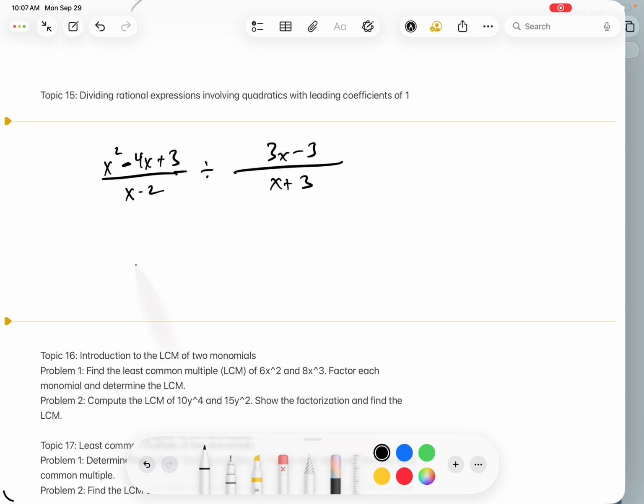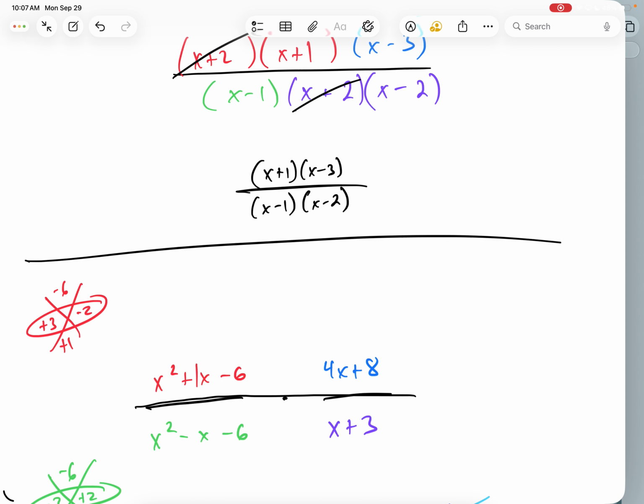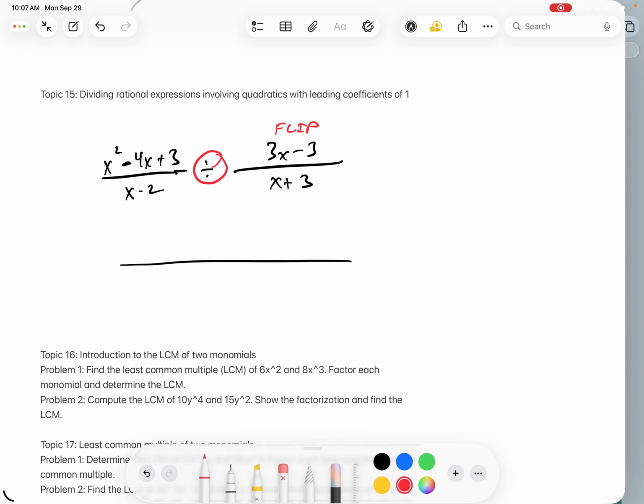Okay, so on this one, again, as soon as we see this, we're thinking we need to flip this sign. Why does it do that? The new iPad update has been giving me troubles today.